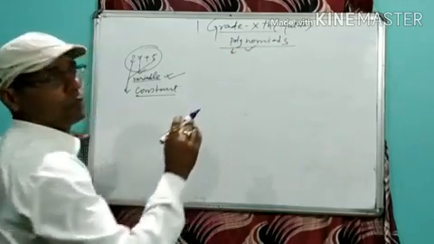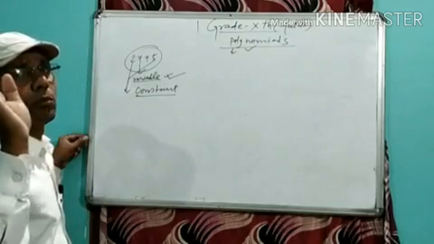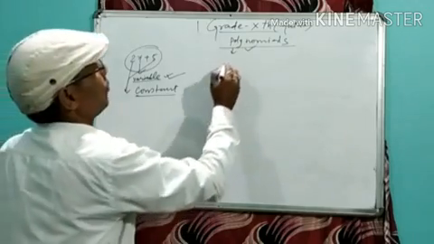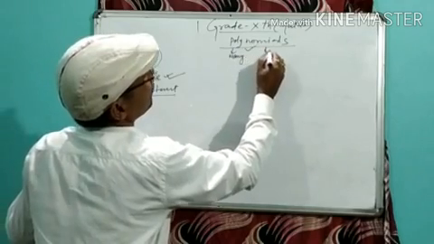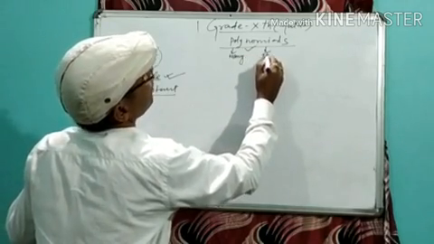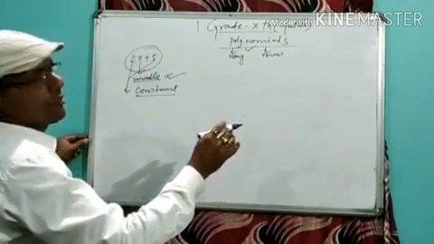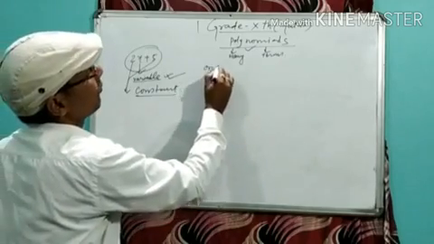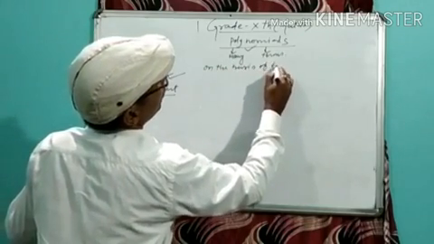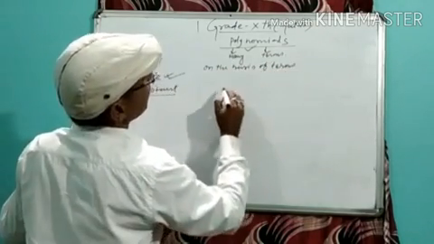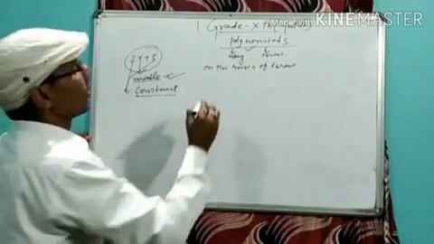Okay, you know about polynomial. I told you the degree of a polynomial must be a non-negative whole number. Poly means many and nomial means terms. In a polynomial there are many terms, and on the basis of terms there are several types of polynomial.